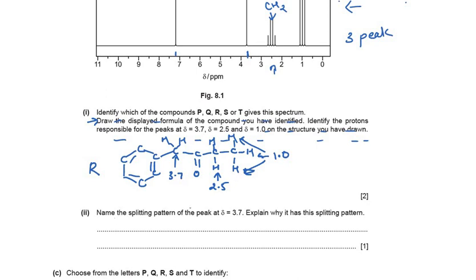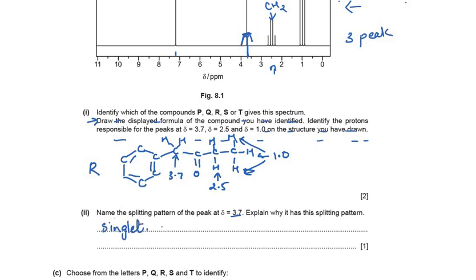Now name the splitting pattern of the peak at 3.7. Explain why it has this splitting pattern. So the splitting pattern at 3.7, as we have already seen, is a singlet. We can see that it's a singlet, so we'll write it as singlet.